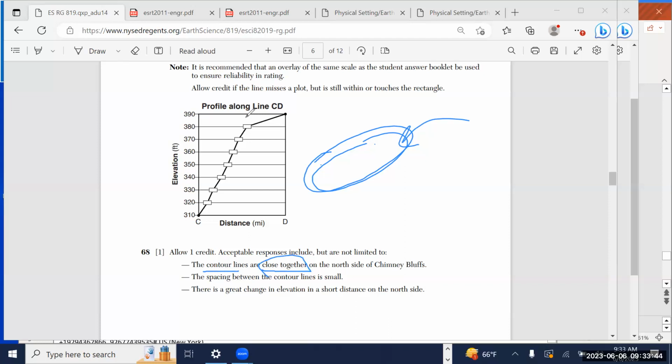If you said the spacing is small between the contour lines, that is fine as well. If you said there's a great change in elevation in a short distance, that's fine too. But if the contour lines are very close to each other, that lets you know that that landscape is steep. All right.